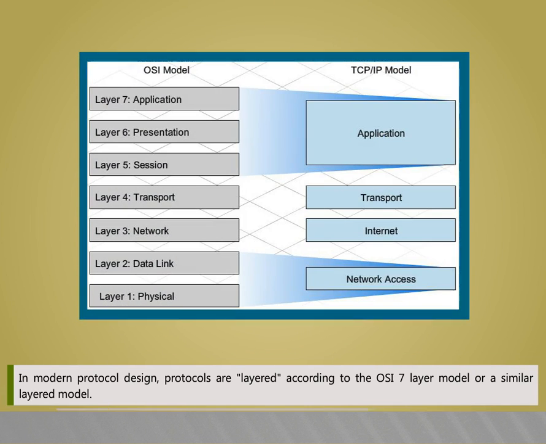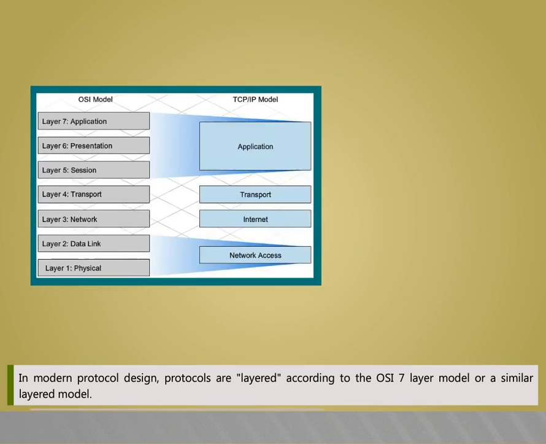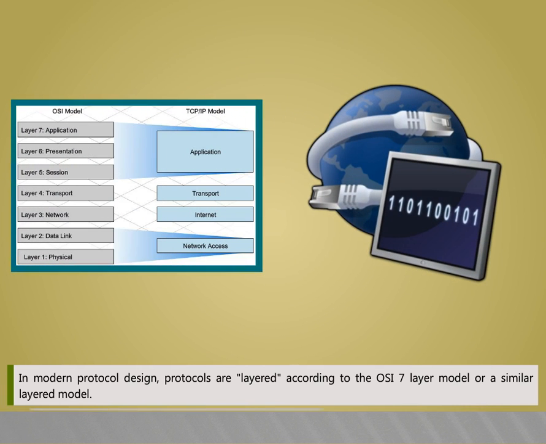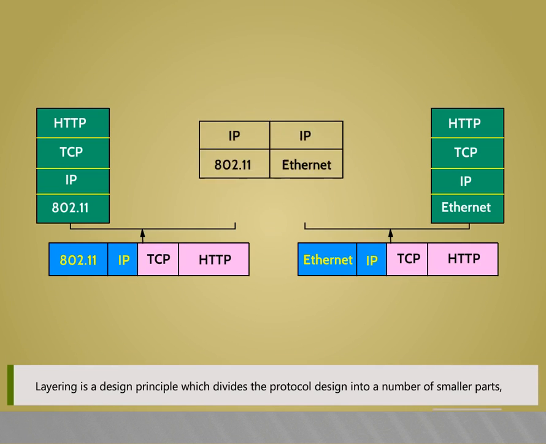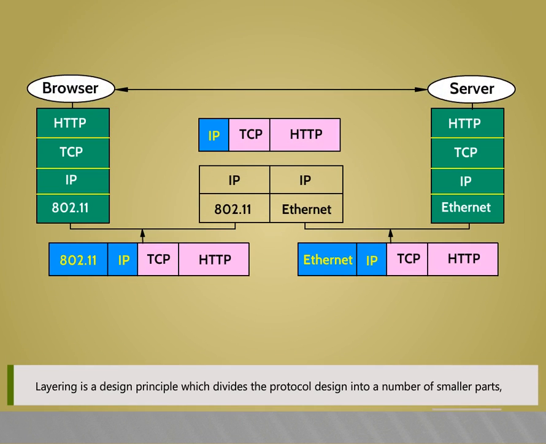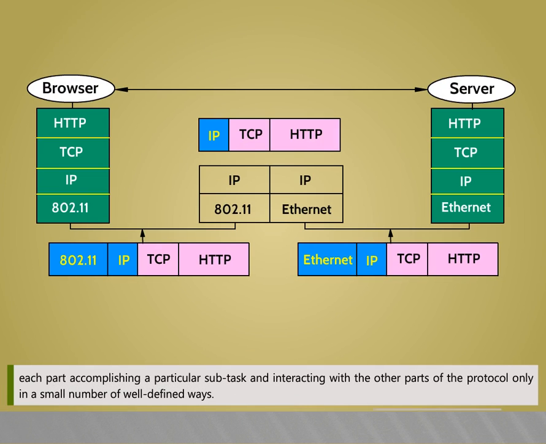In modern protocol design, protocols are layered according to the OSI 7-layer model or a similar layered model. Layering is a design principle which divides the protocol design into a number of smaller parts, each part accomplishing a particular subtask and interacting with the other parts of the protocol only in a small number of well-defined ways.